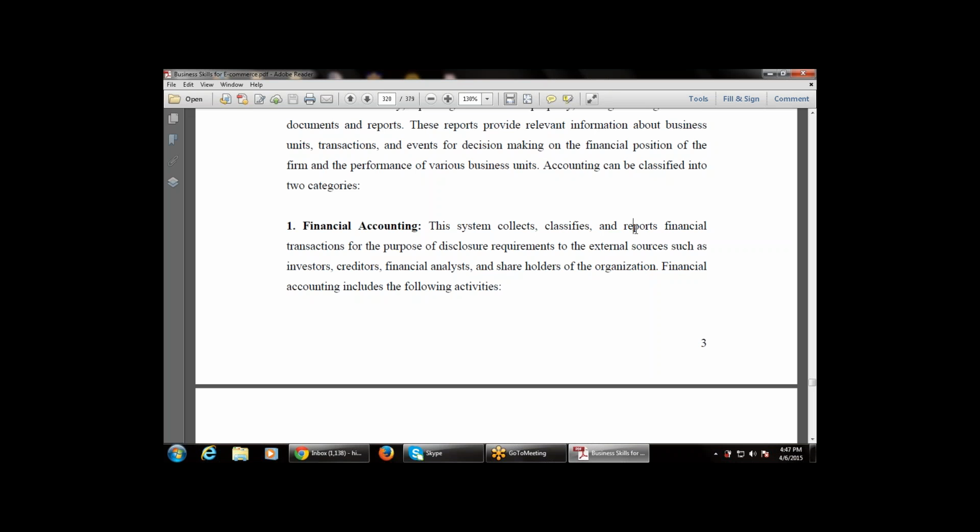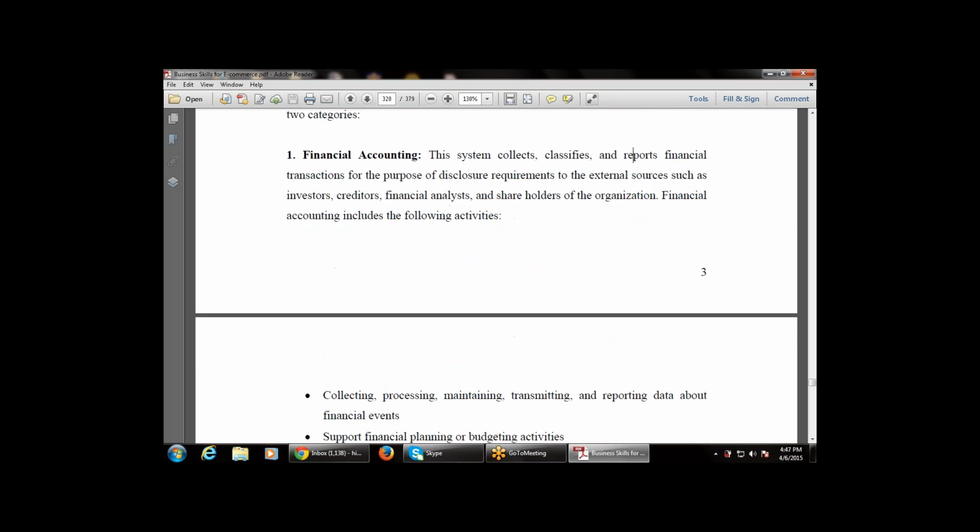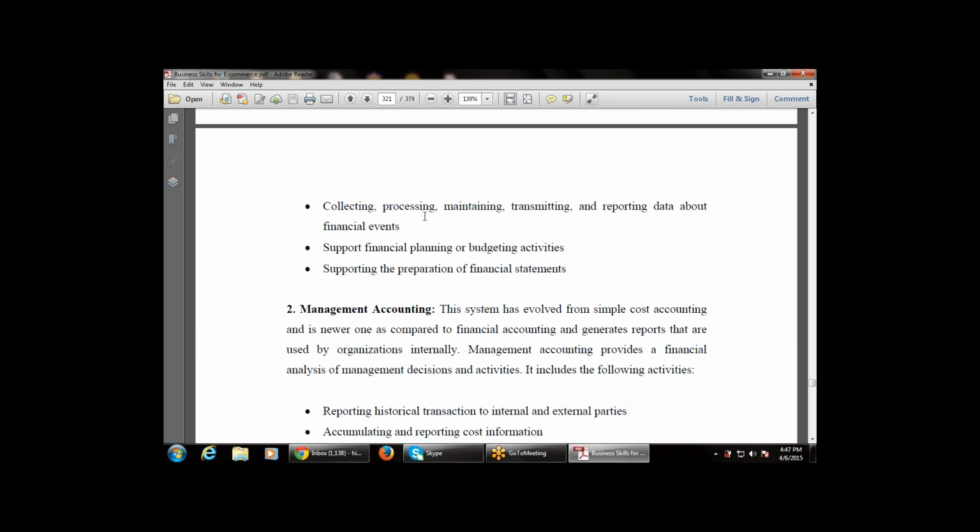What is the main role of financial accounting? Why is this one of the major parts used in the accounting information system? First, one of the roles is to collect the information, process, maintain, transmit and report the data about financial events.